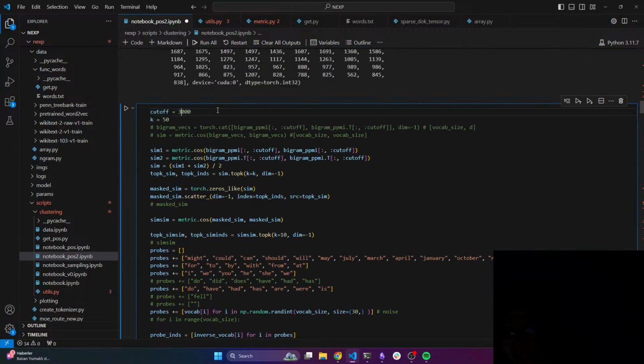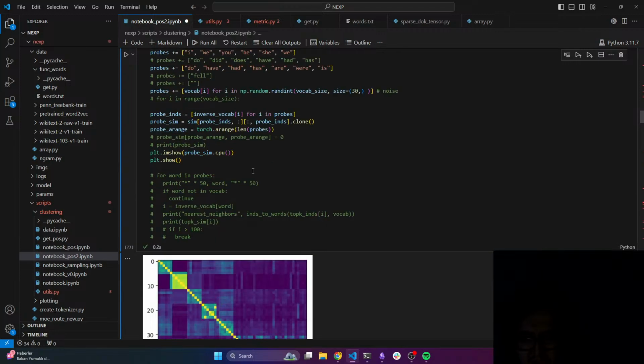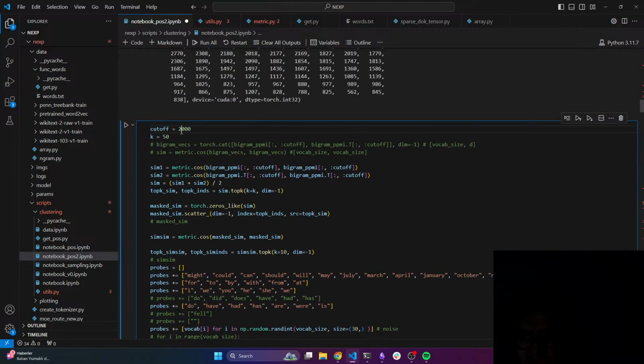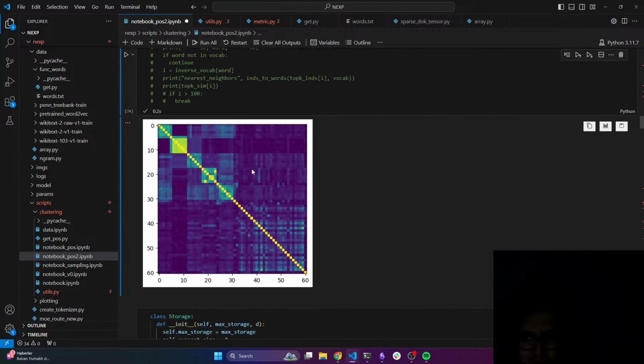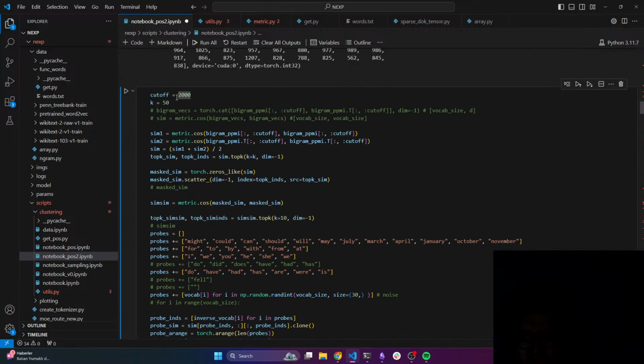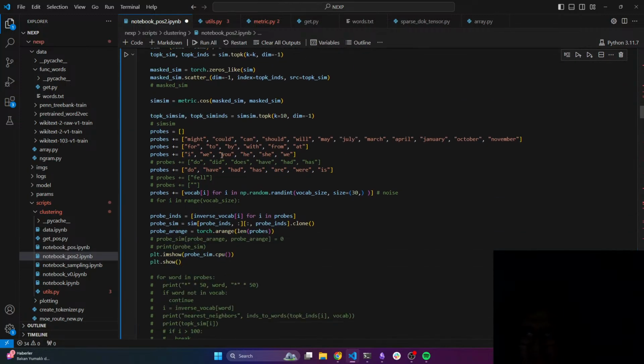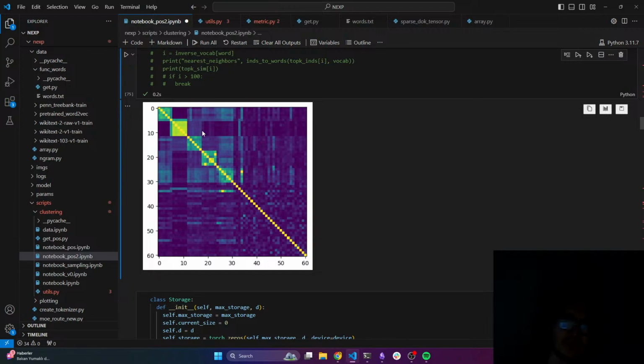4,000, 3,000. Huh. If you use more context words, words become similar. That's interesting. I mean, yeah, if you use more words as context, the words become more self-similar. But why, using less context?